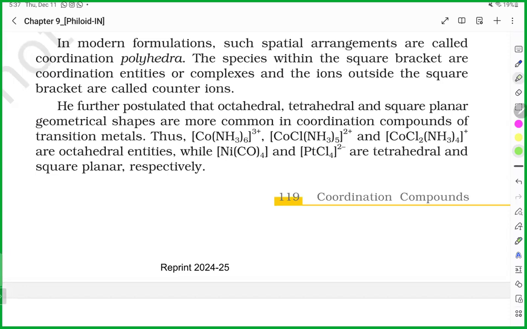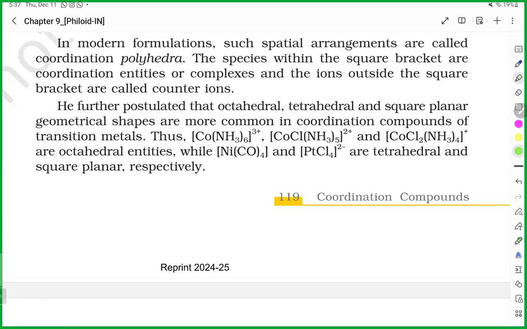The ions or groups are bound by the linkages. Secondary. Correct. The secondary valence is satisfied by neutral molecules or negative ions.